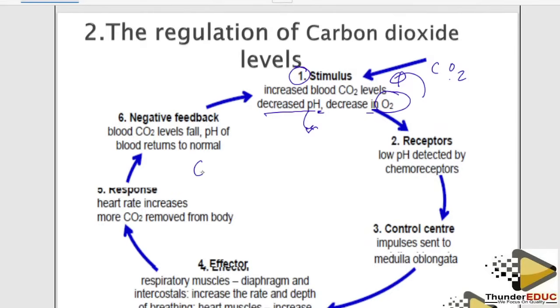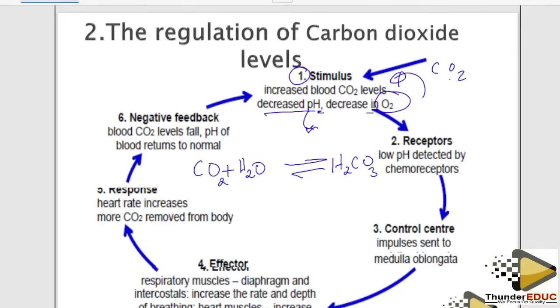When carbon dioxide reacts with water, don't forget that our body is above 75% water, you form a weak acid. It's a reversible equation. You form what we call carbonic acid.